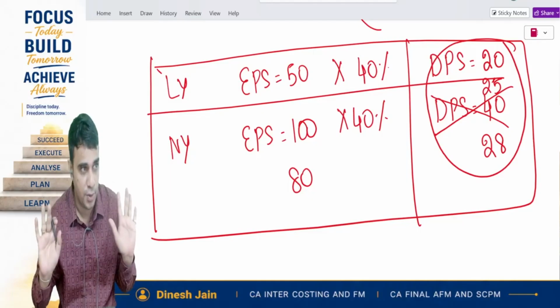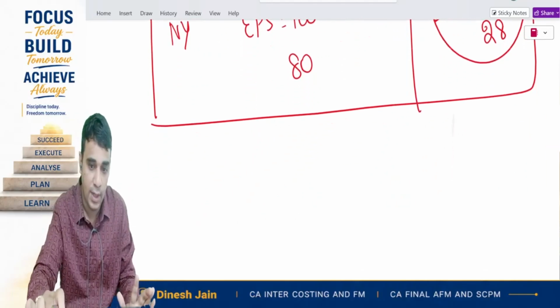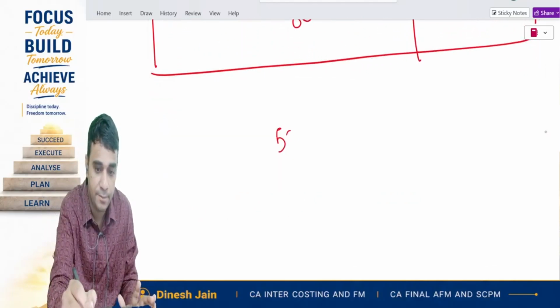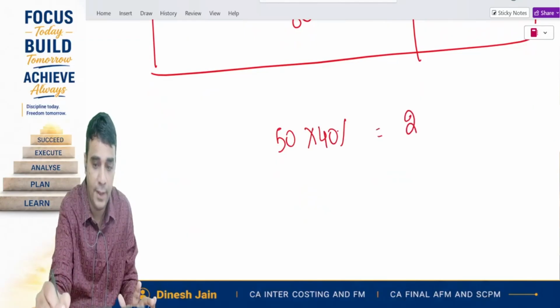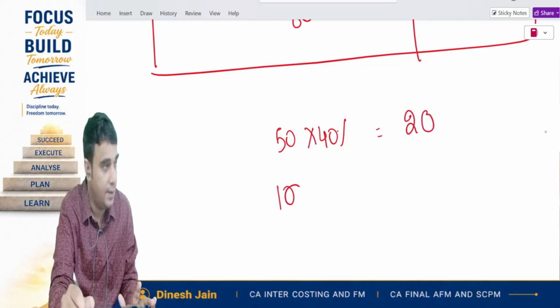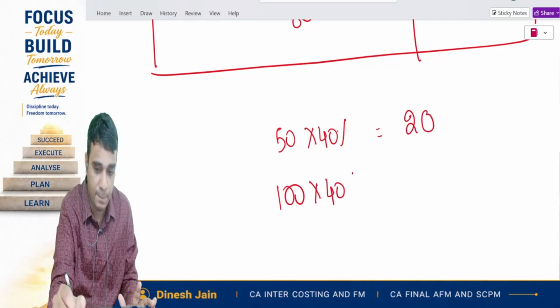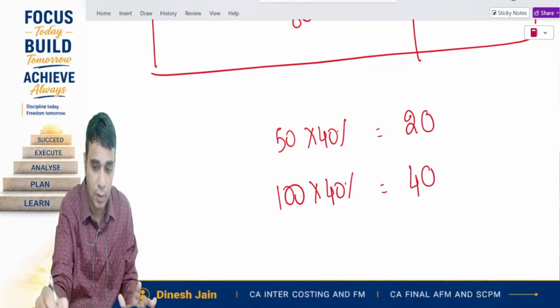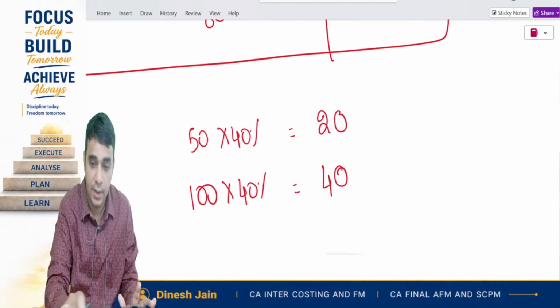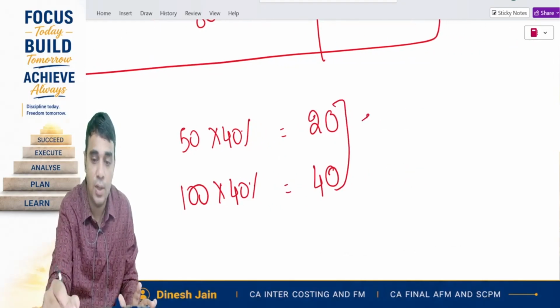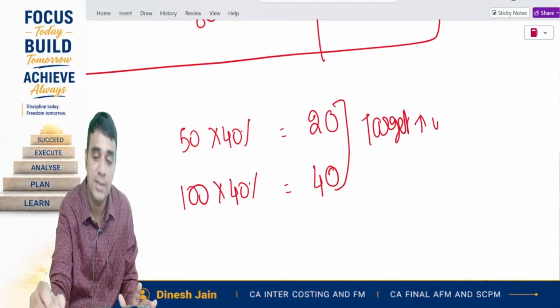This is the broad point. Then what did he say? Last year you had 50 and paid 20. Next year it became 100 into 40%, which is 40. This difference is called the target increase in dividend per share.